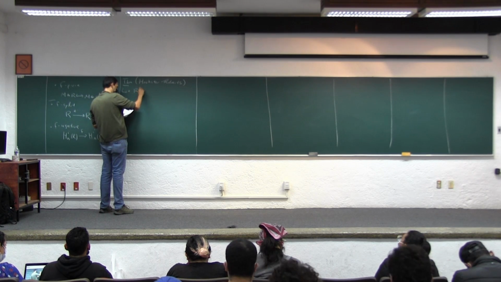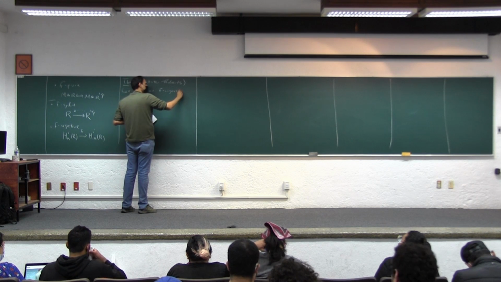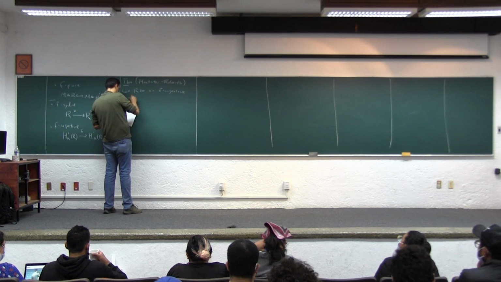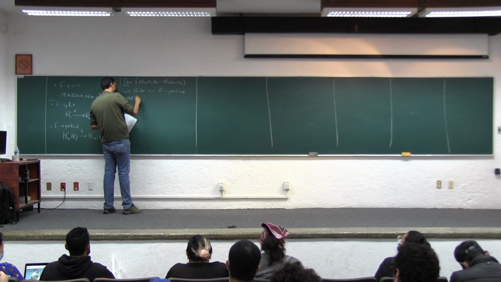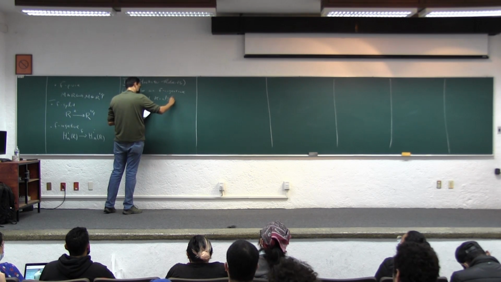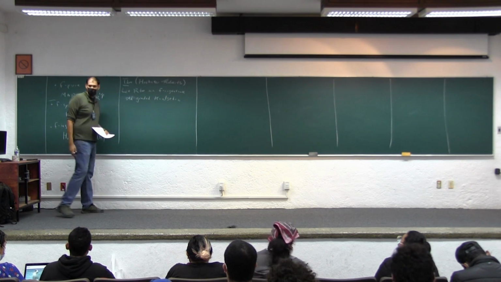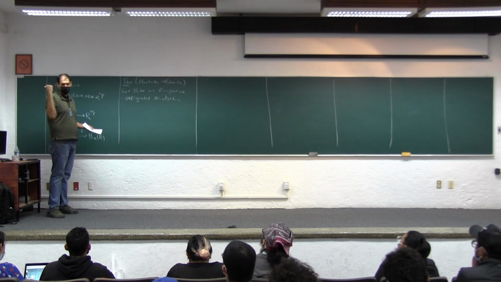Let R be an F-injective standard graded K-algebra. Remember, this is just a fancy way to say that R is the polynomial ring with the standard grading, modulo a homogeneous ideal.